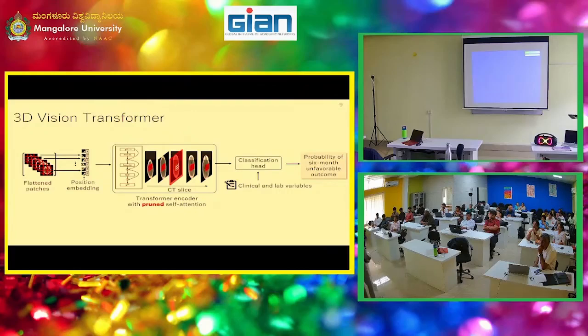And then, boom, into the classification head. Okay, that's your ViT transformer, right? With what's called self-attention. So self-attention is how transformers work. And then you put into your classification head is where you can then potentially actually work in clinical and lab variables. Yeah? Because you're doing classification at that point. Okay.